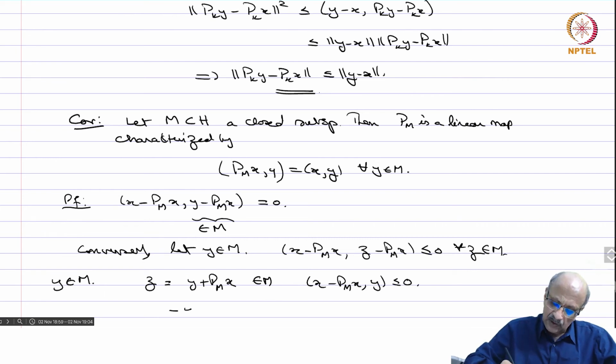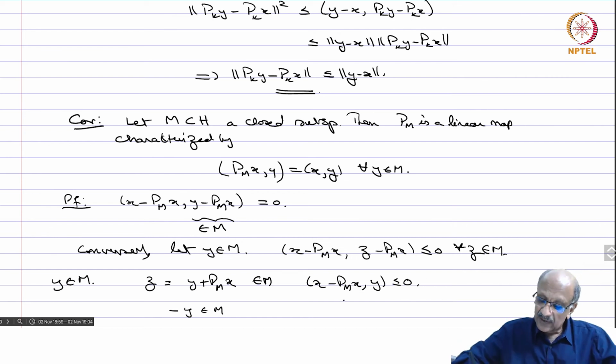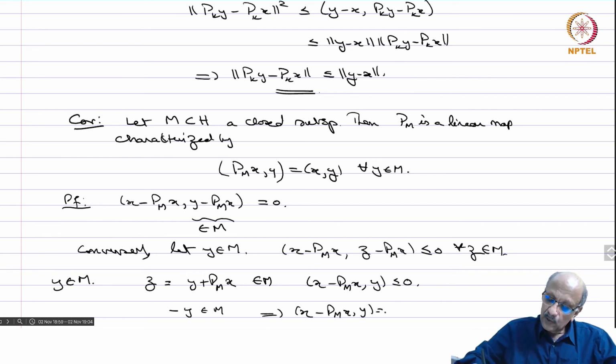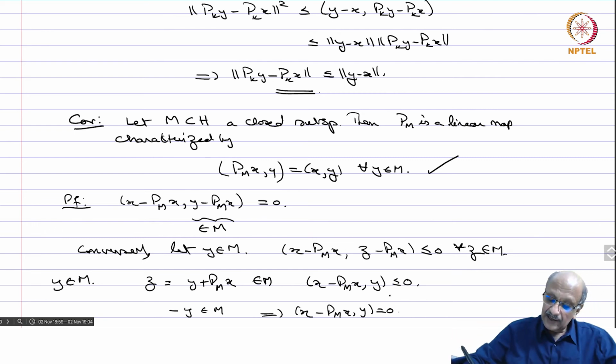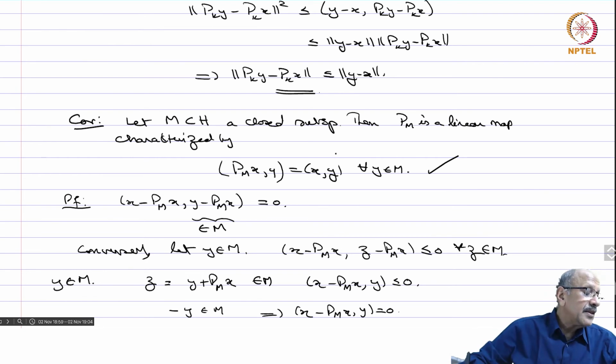But then minus y is also in M. So you have ⟨x − P_M x, −y⟩ is less than or equal to 0. So this implies that ⟨x − P_M x, y⟩ equal to 0, and that is exactly this particular condition. And that tells you immediately, once you have P_M defined in this way, it is linear. Okay, so you can easily check from this that P_M is a linear map.